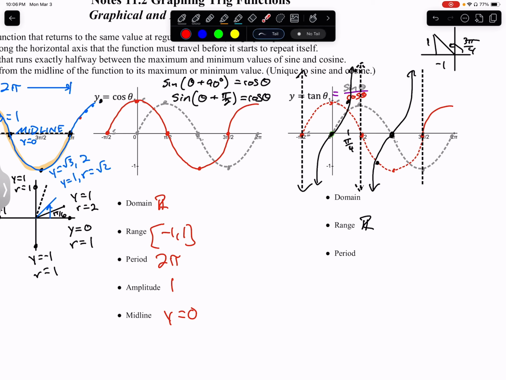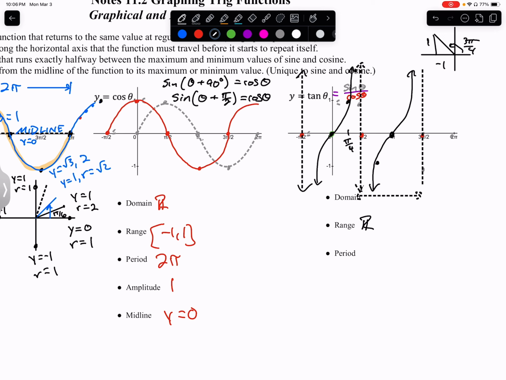What's the period length? Let me just temporarily erase sine and cosine here, just so we do not get overwhelmed with all the extra stuff that's here. Our period length here is going to be pi.